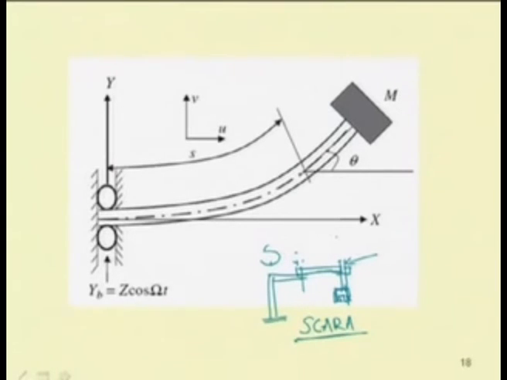If you consider a prismatic motion in this cantilever beam, then you have one additional base excited term, that is y b equal to z cos omega t, in which omega is the frequency of this oscillation and z is the amplitude of this response.